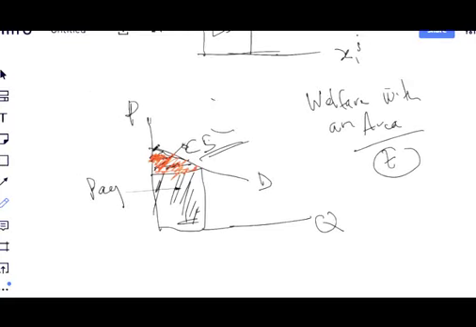Since it's an area, if this axis is in taka and this is in quantity, say kilograms, I would be able to find the total value of this area.